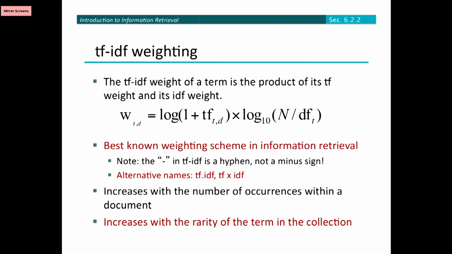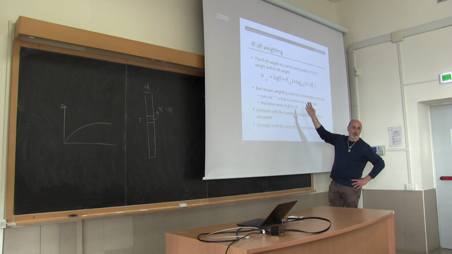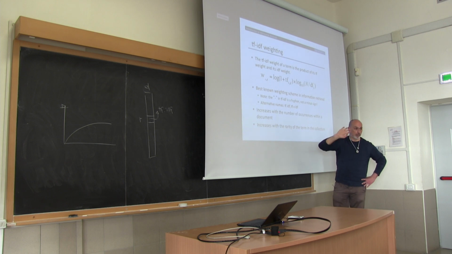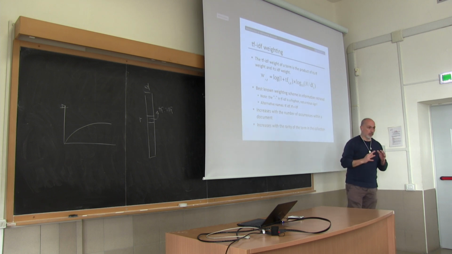Of course, there is a number of alternative schemes that you can find. For example, sometimes, especially when you want to weight a term with respect to a document, in some applications at least, it may be beneficial to consider the standard frequency rather than the log, but then multiplying by the inverse document frequency taken with the log, okay? You can have combinations.